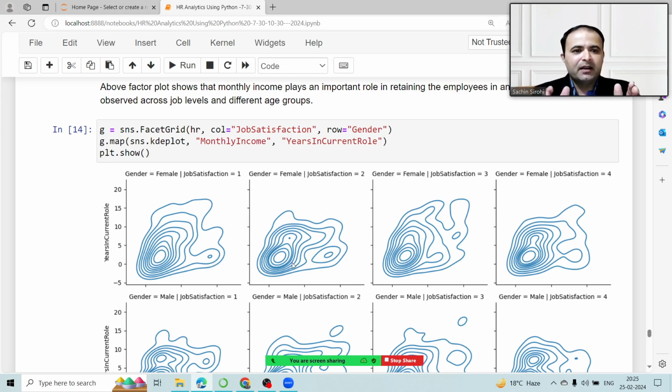So we can understand all these things on behalf of the data. Monthly income, years in current role, like you are doing a job in particular projects, how many years you are working with the projects. So these are basically the tasks.